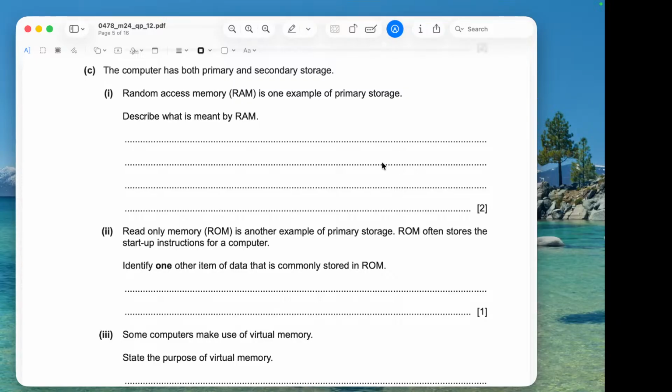Random access memory is one example of primary storage. Describe what is meant by RAM for 2 marks. Remember that they've said what RAM stands for, so don't put that in, because if you put it in, you won't get a mark. So, how would you describe RAM?